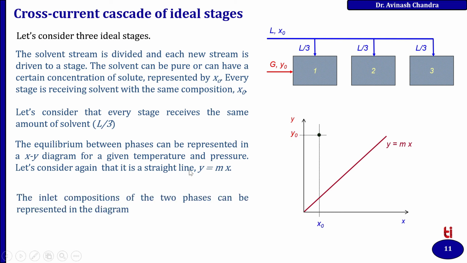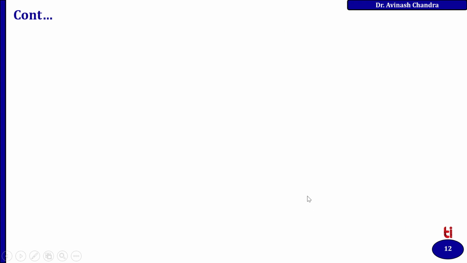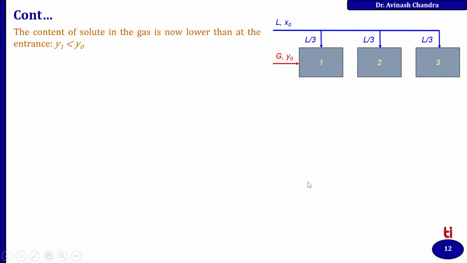Then the inlet compositions of the two phases can be represented in the diagram. So here, this is y naught and this is x naught. The content of solute in the gas is now lower than at the entrance. y1 is less than y naught, meaning the composition of the gas will reduce from here to here, and the composition of the liquid will increase from here to here.